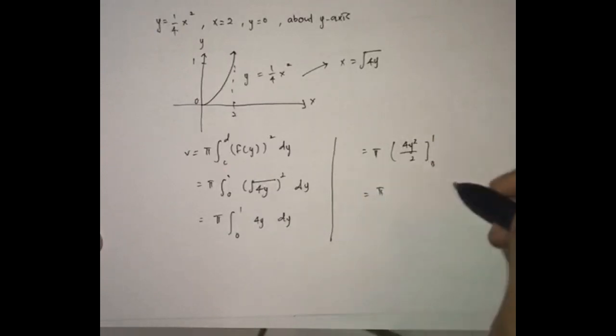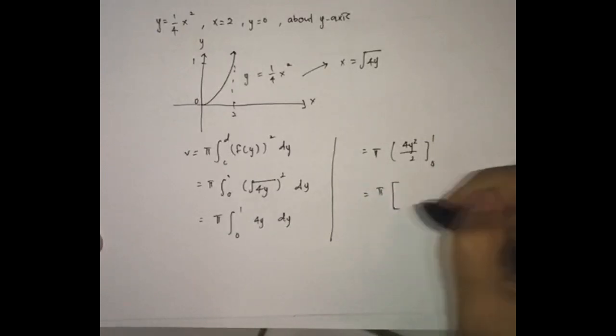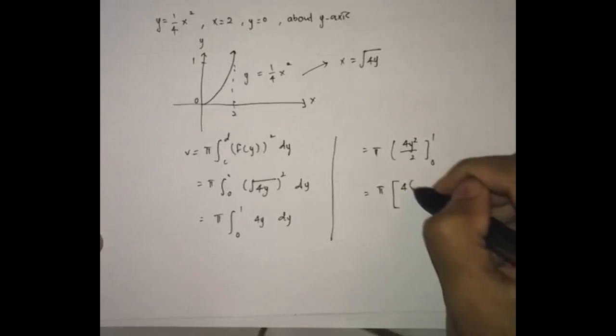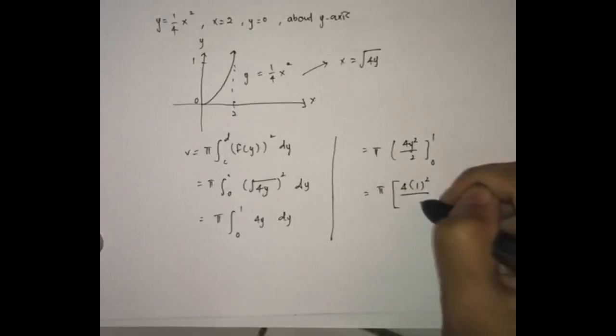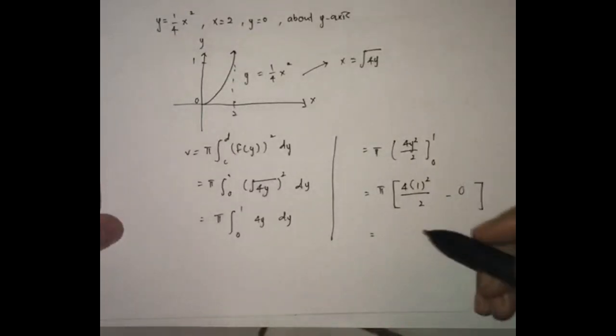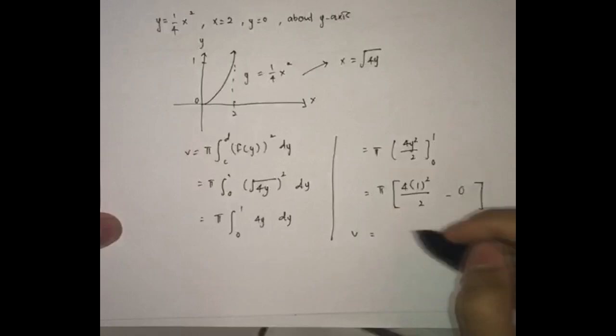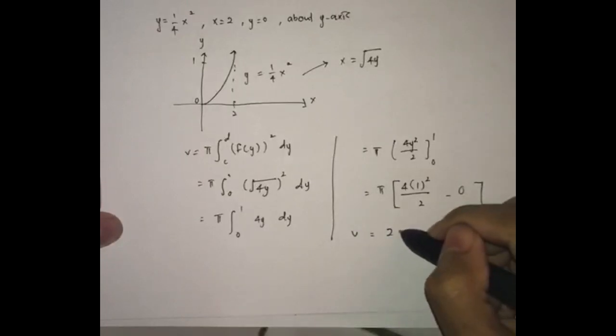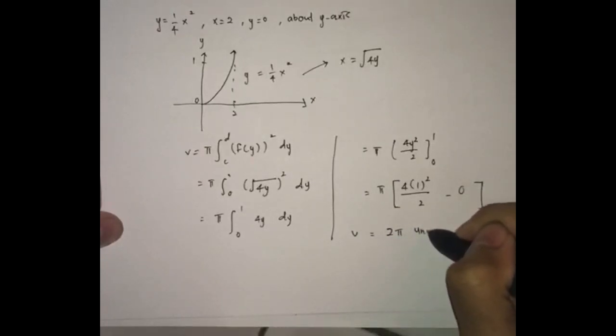So pi times 4 times 1 squared over 2 minus 0. Then after you calculate all, the volume is equal to 2 pi unit cube.